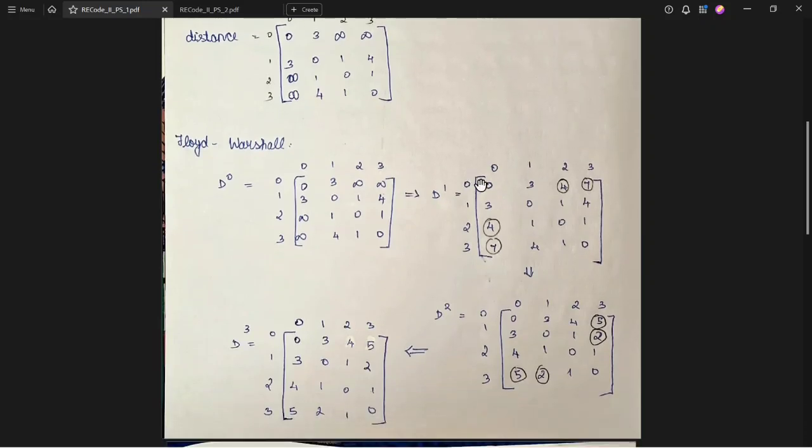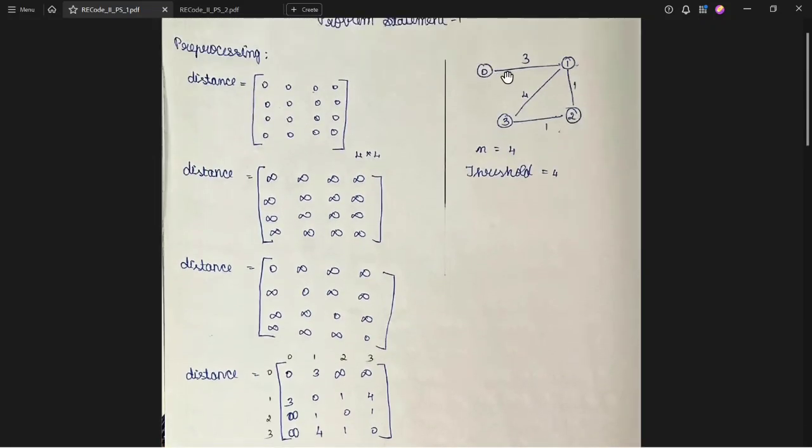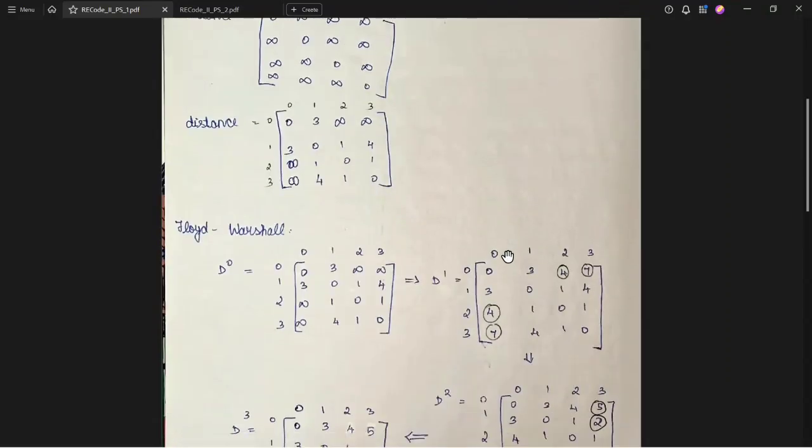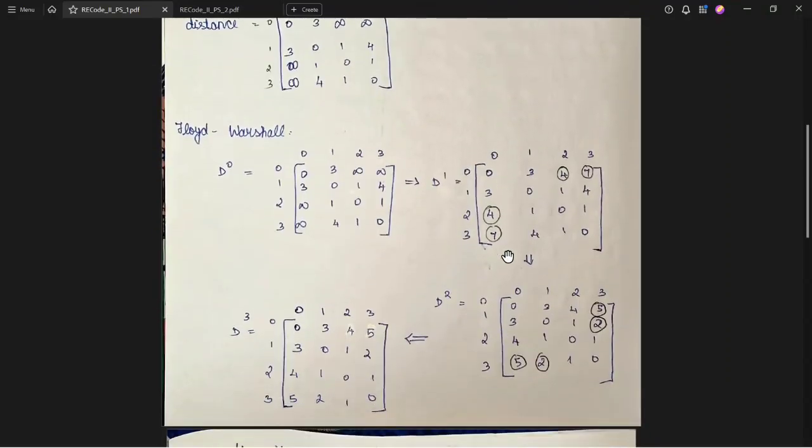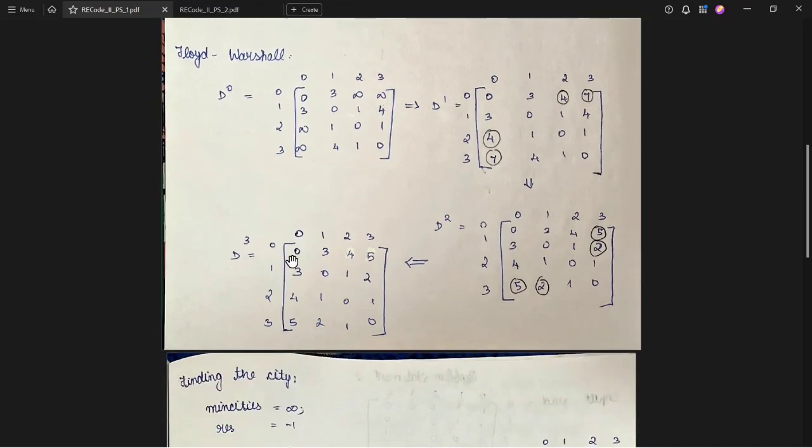Similarly, the value of 0 to 3 is also changed through 1, that is 0 to 1 is 3 and 1 to 3 is 4, 3 plus 4 is 7. After doing all these things, the final D3 matrix is 0, 3, 4, 5, 3, 0, 1, 2, 4, 1, 0, 1, 5, 2, 1, 0.